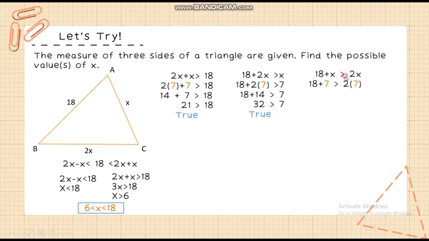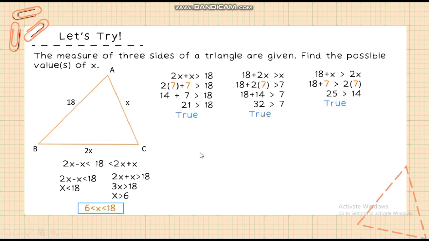Substitute 7, so 25 is greater than 14, so it is true. As you can see, the value of x is 7, which is true among the given sides of the triangle. So therefore, if the value of x is 7 to 17, that is all true among the lengths of the sides of the triangle.